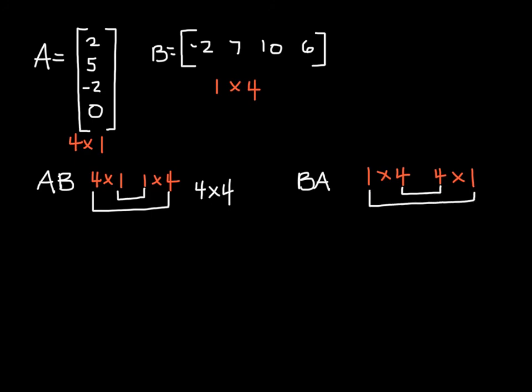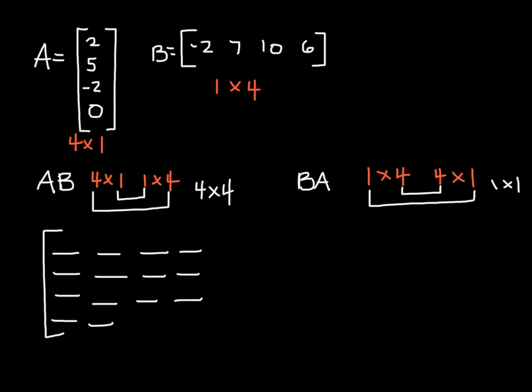My result's going to be a 1 by 1. What is that going to look like? So a 4 by 4, 1, 2, 3, 4, 1, 2, 3, 4. That's huge. That's all that is, a 1 by 1.